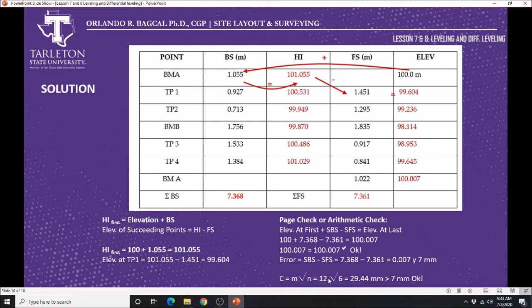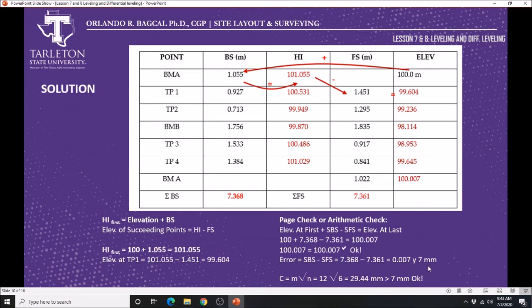So in this case, we have here 12, and the n is the number of setups. So we have here the number of setups in between those given points. So we have here 1, 2, 3, 4, 5, 6. So we have 6 setups, and this will give you 29.44 mm.